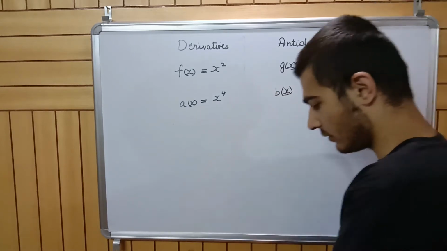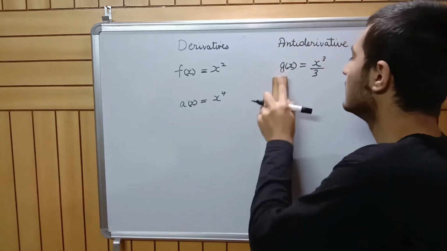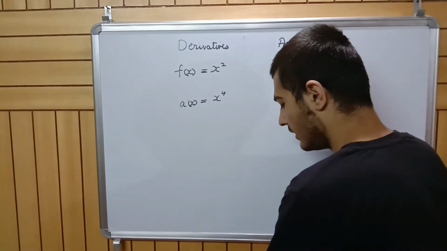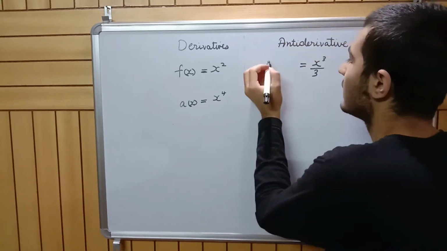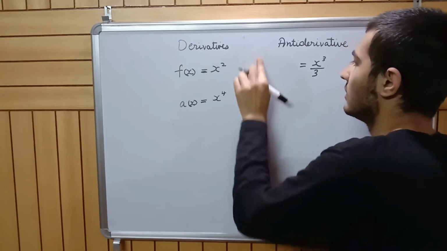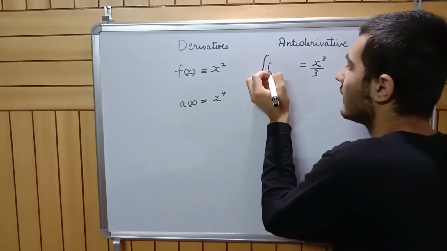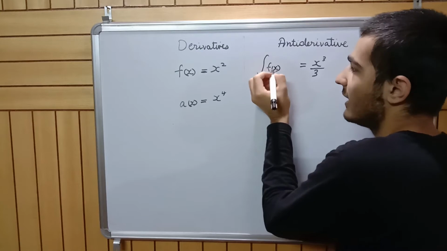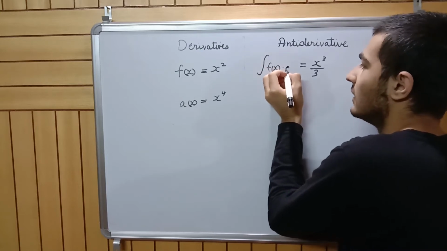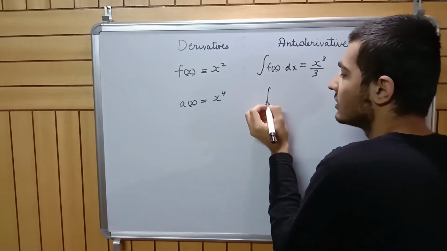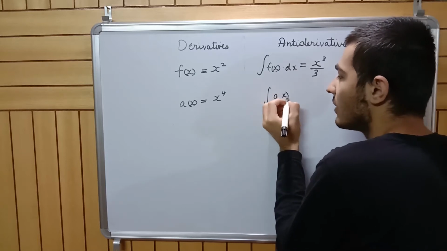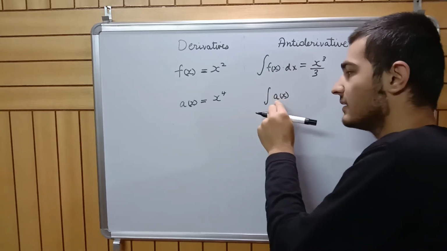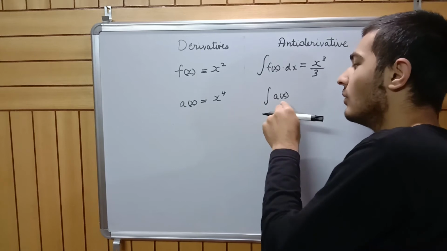If I write these two in the integration notation, I get the integration of f of x dx, and here I get the integration of a of x. I'm writing a of x just like I used to write the integration of y dx.